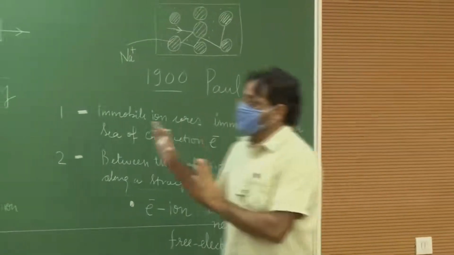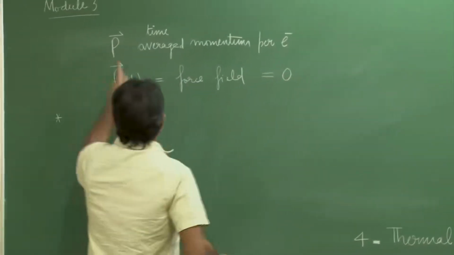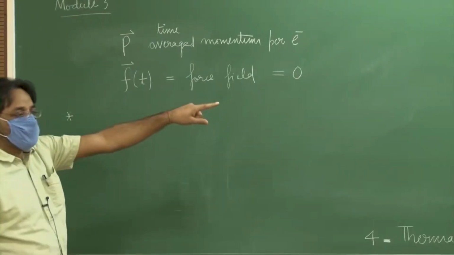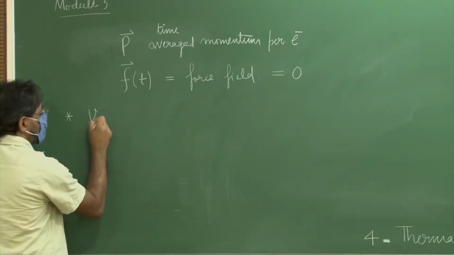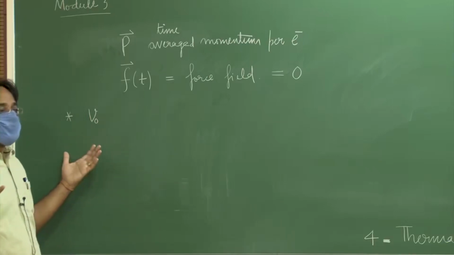So that is why I said first you worry about the case where this is 0. When this is 0, then the drift velocity is 0, but the actual velocity is not 0. The actual velocity is, let's say, v naught. So we are going to denote it by v naught. This is the thermal velocity by virtue of thermal energy, right?